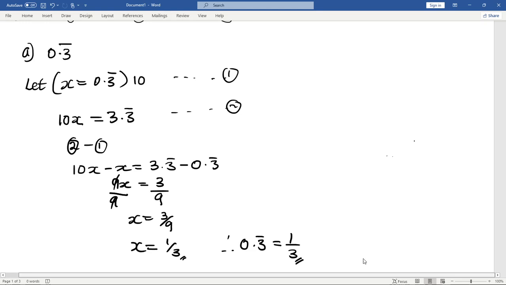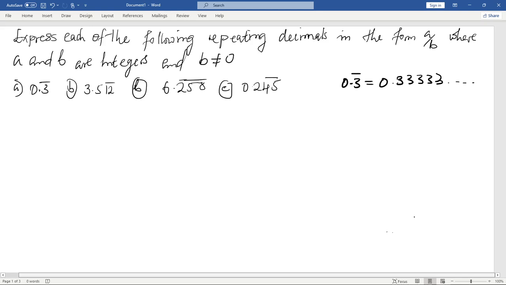Okay, let's look at the second one. For the second one, we have 3.512 bar.